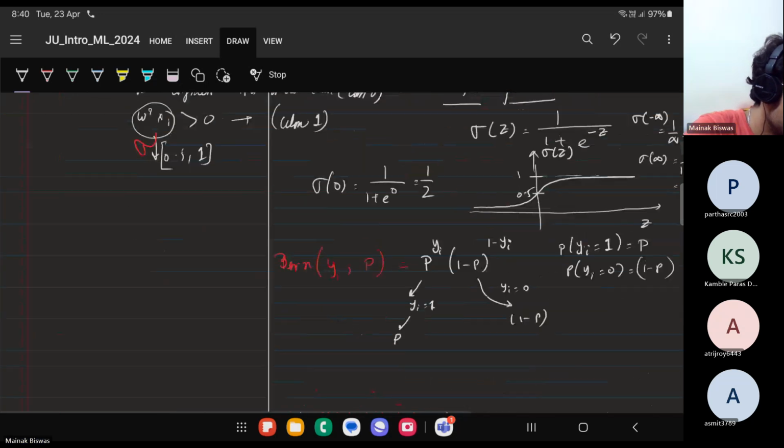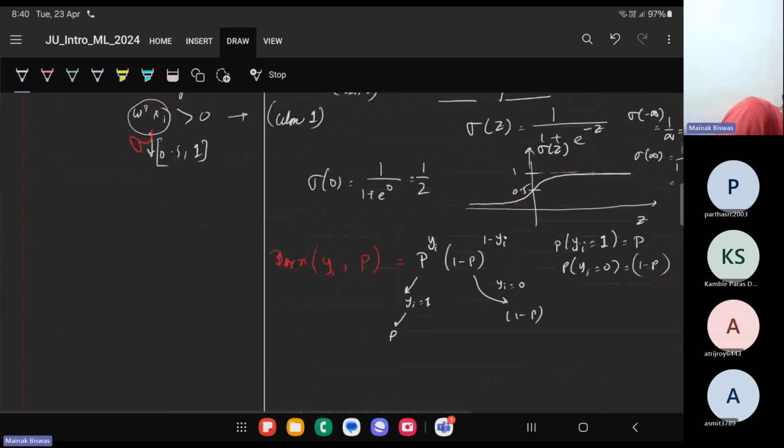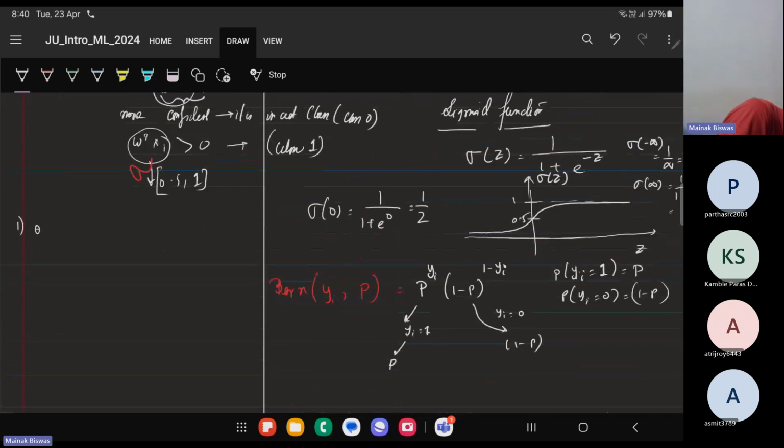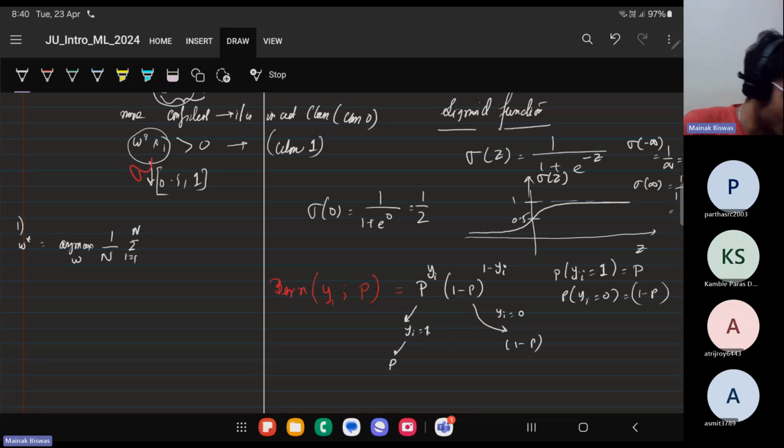What will I get? So question number 1 is solved. W star is equal to argmax over W of 1 by n. Are you seeing? Is everything connecting now? I hope that if it is connecting now, it is the most feel-good thing you can experience.